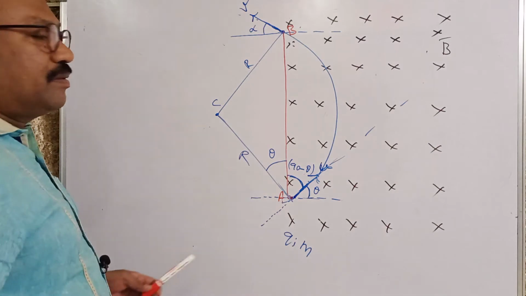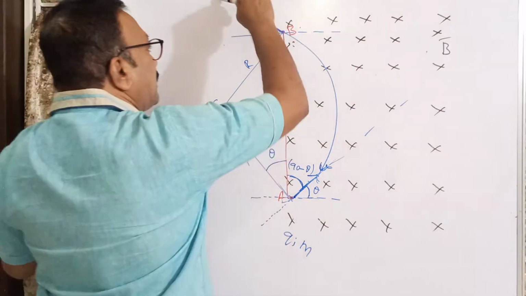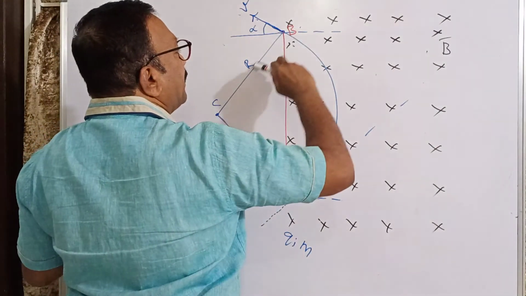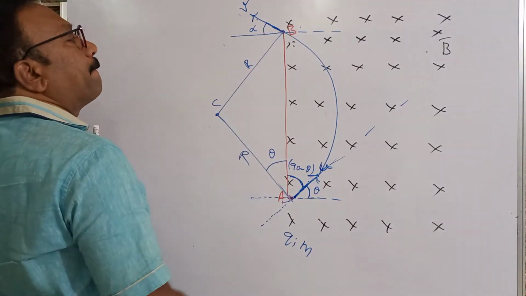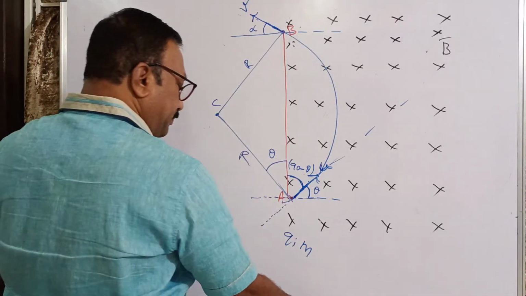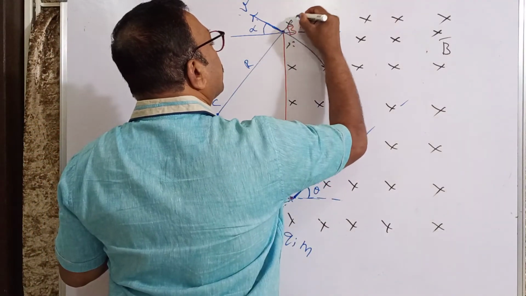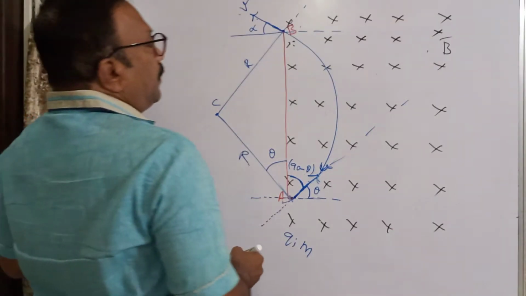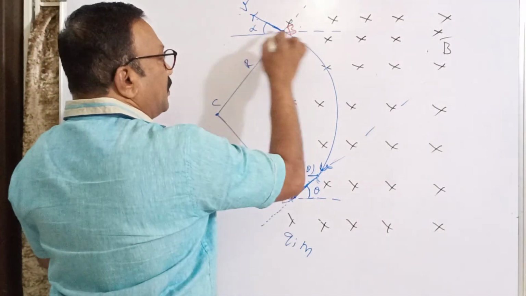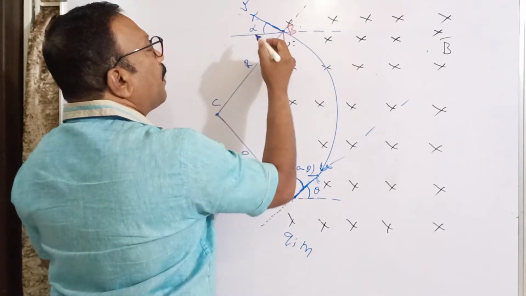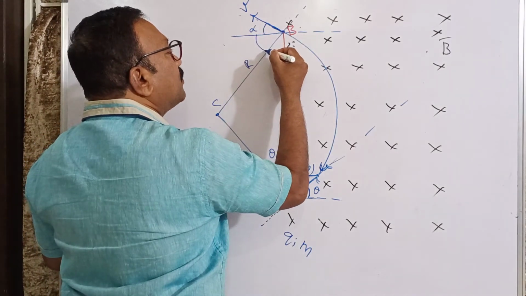Come over here now. Same story. So this is a velocity and this is a radius. And these two are perpendicular to each other. So this angle is how much now?